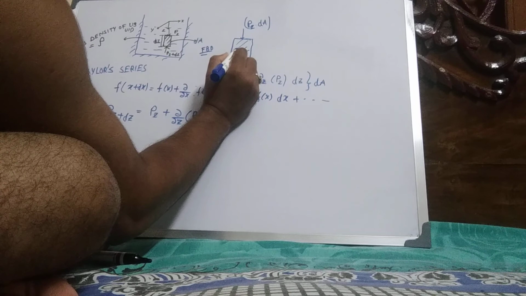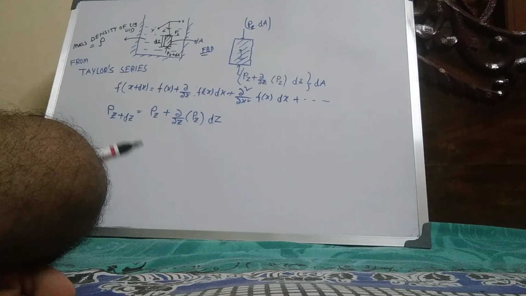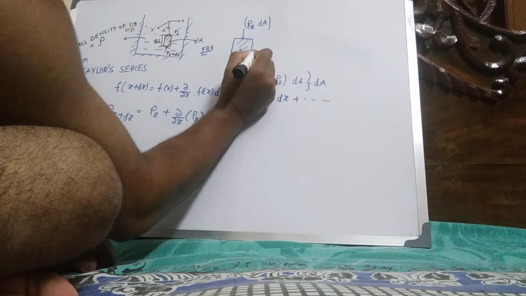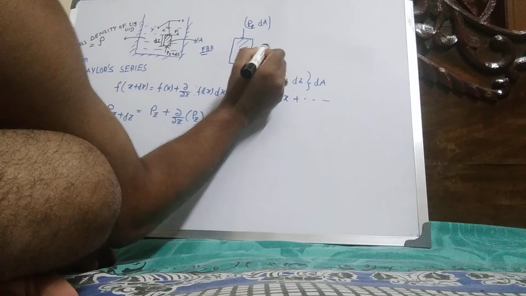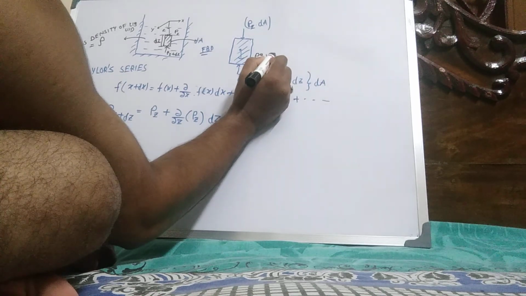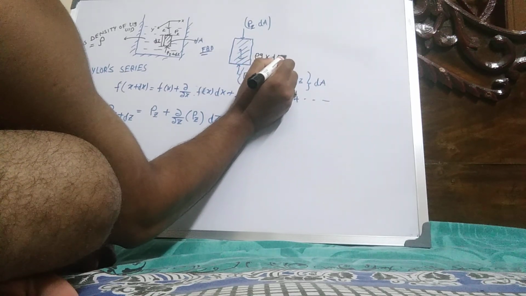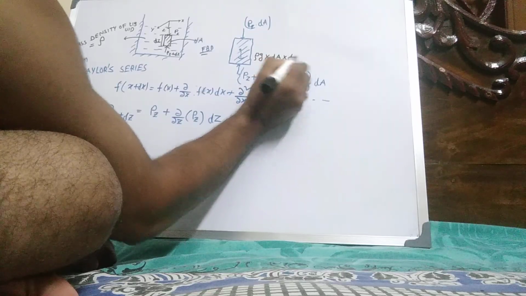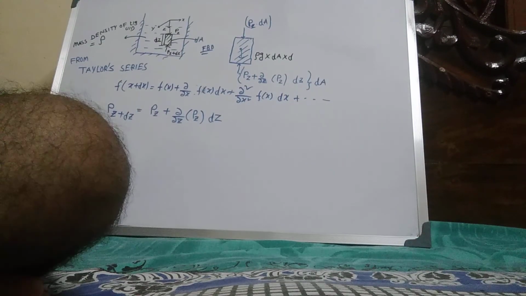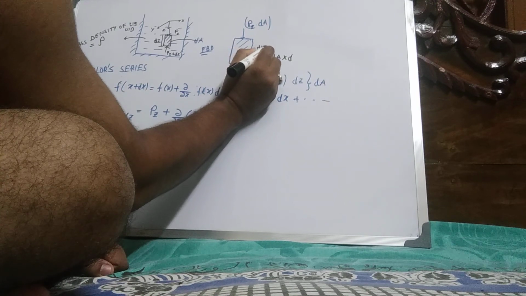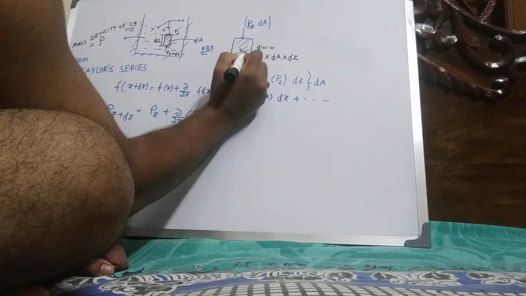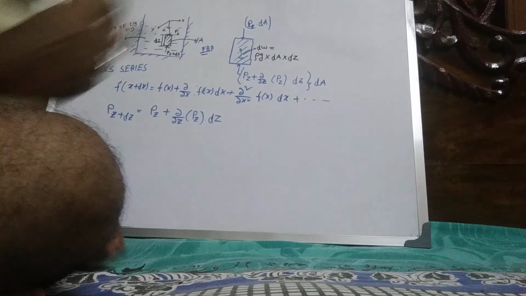And here weight is also acting. Weight equals rho g into volume, dA into dz.